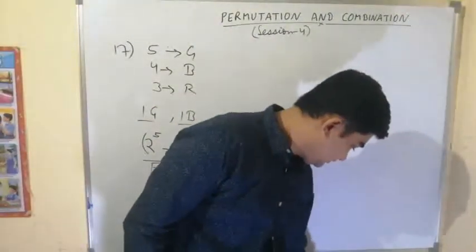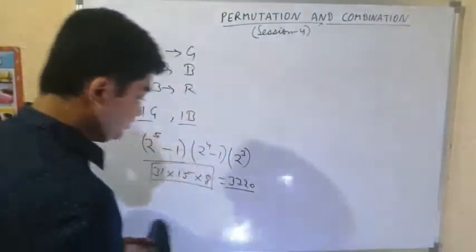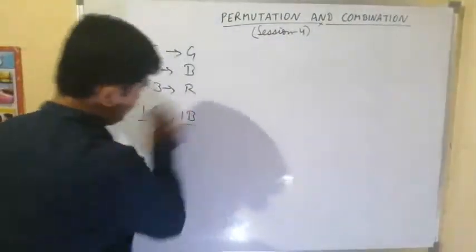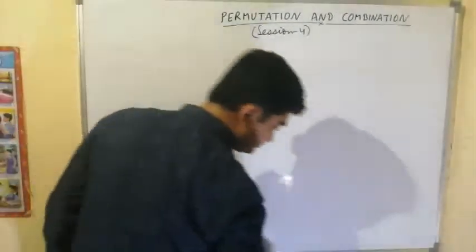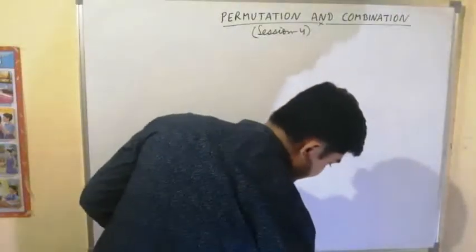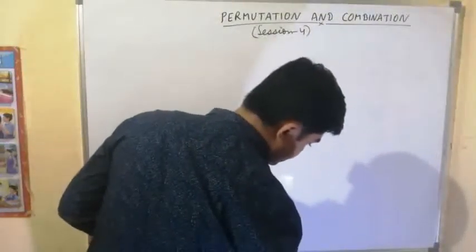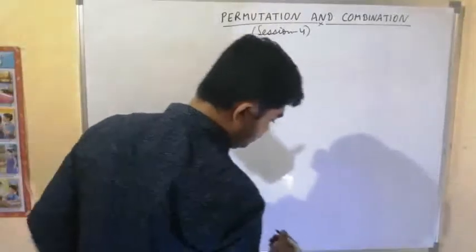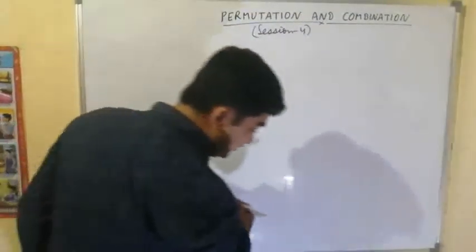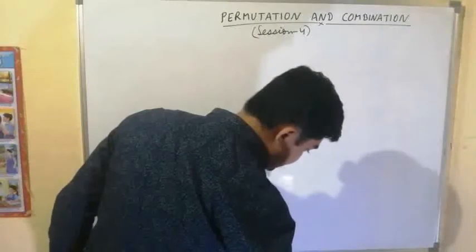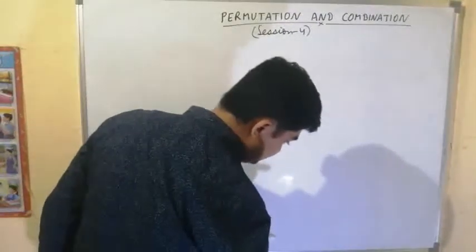Now we'll do the next problem. Question number 18. This problem says that a person is permitted to select at least one and at most n coins from a collection of 2n plus 1 distinct coins. If the total number of ways in which he can select coins is 255, then what is n?